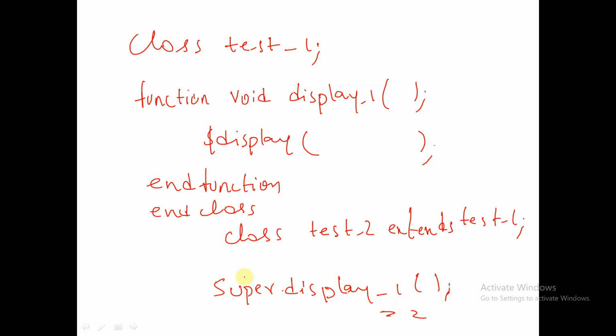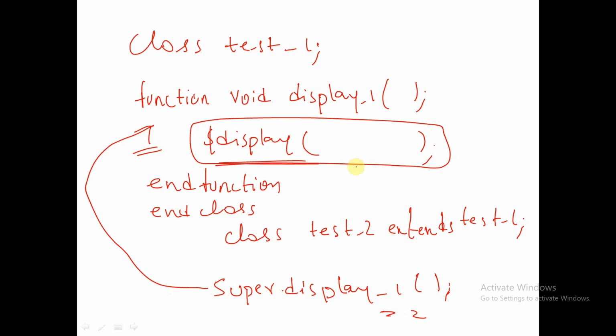So what happens, it will refer to the function which is declared inside my parent class, that is test_1, and the statement which is declared inside this display function will be executed. So like this, I can extend my child class from a parent class. Is this clear?